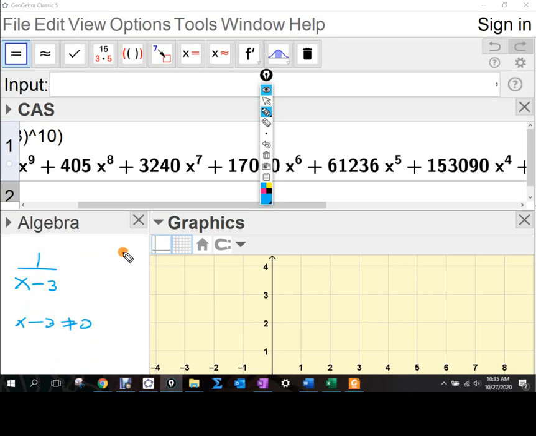Okay, we've also done it where the denominator is like x squared plus 5x plus 6. And then that means ultimately x plus 3 and x plus 2 cannot be 0, right?